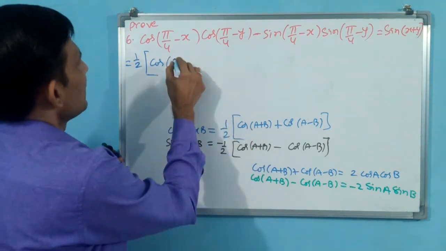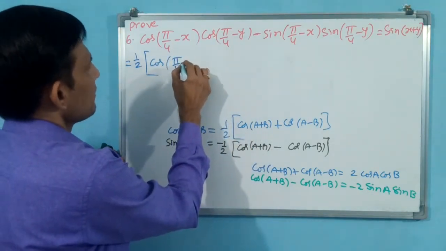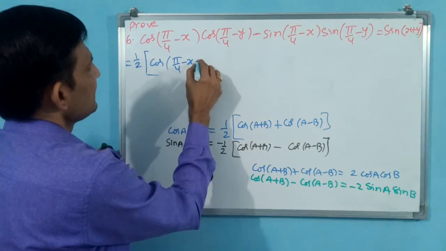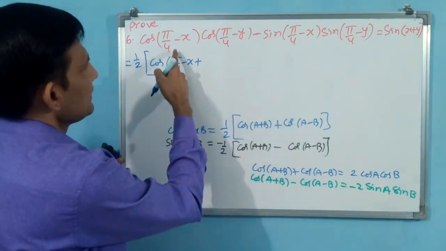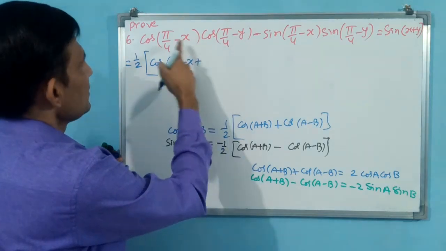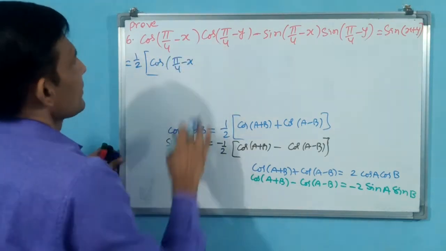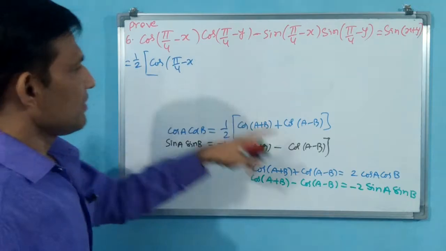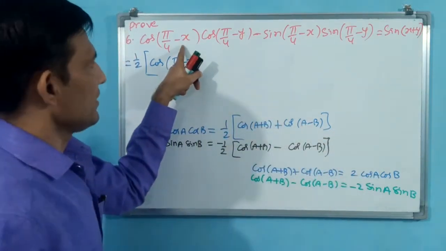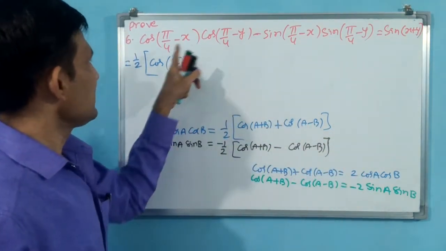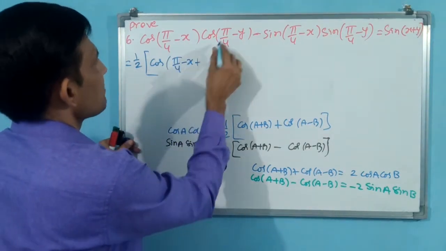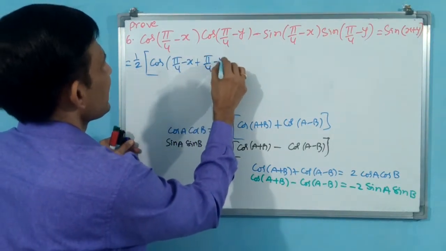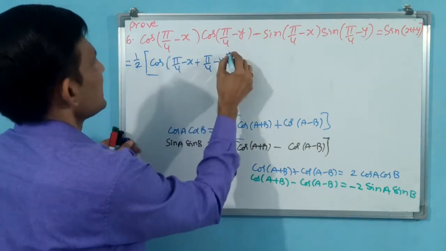A is this one, pi by 4 minus x. Plus a minus b. See, this is a, sorry, this is a. Why? Because cos a, cos b is there, na? This entire is a. A plus b means this pi by 4 minus x plus pi by 4 minus y. This you have to write.